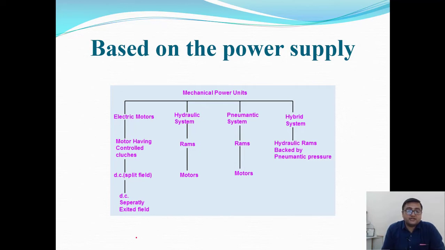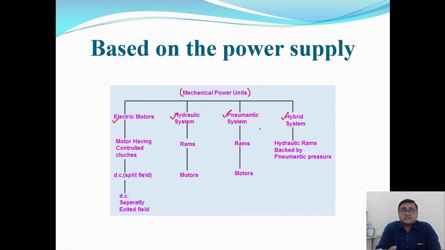The mechanical power unit is divided into the subcategories of electric motor, hydraulic system, pneumatic system and hybrid system. Recently we have seen three subcategories: one is electric type, another is hydraulic type, and the third is pneumatic type. Now a new word comes into the picture, which is called hybrid type.